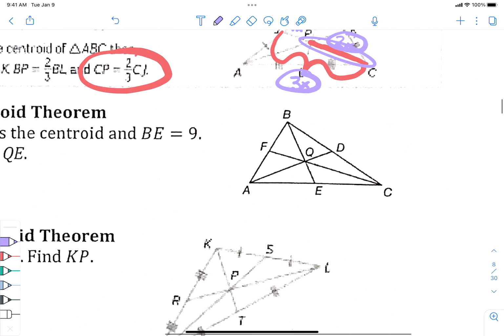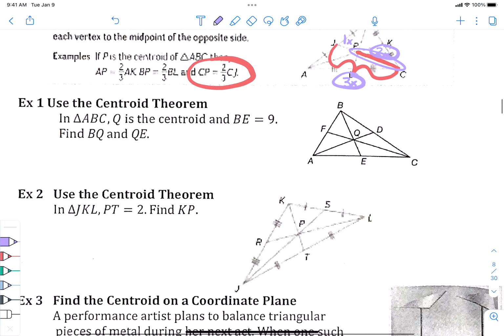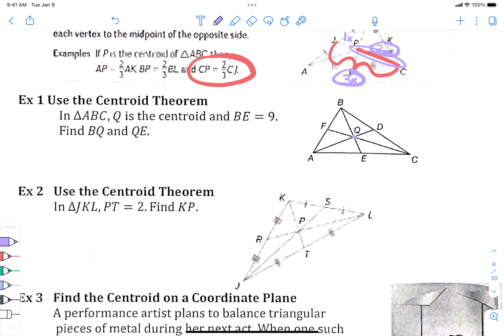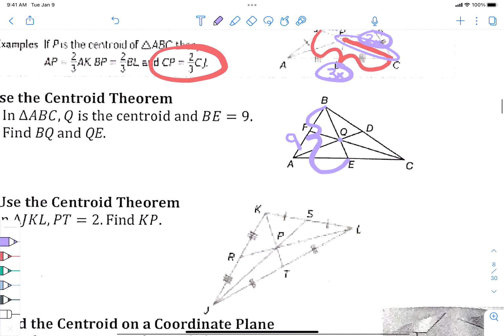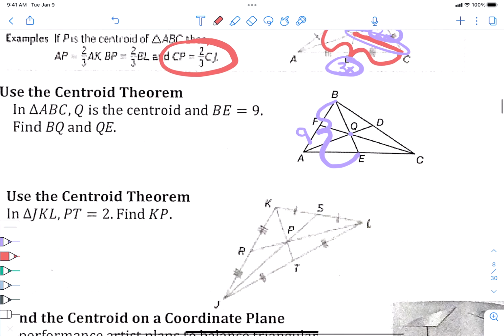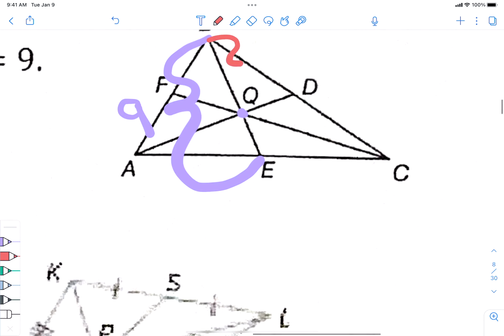Let's label this diagram that they have going on here. They're saying that this is a centroid, this point Q. And they're telling us that from B to E, this whole length right here is 9. And they want us to find BQ and QE. I need two things that add together to be 9, but one of them is double the other one.